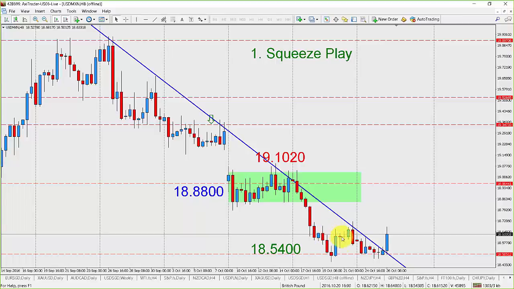So that would be between this support and resistance zone here, which is 18.5034. So we'll call it 18.5035, right? That's the support level. And then the trend line actually funnels the market towards that support and resistance level.